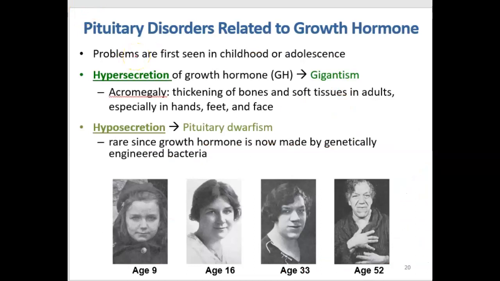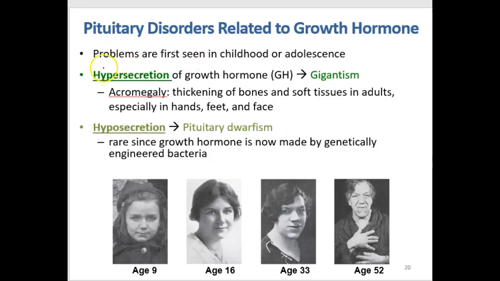So I just chose 2 disorders related to growth hormone to talk about how problems with the pituitary might be seen. So in the case of growth hormone, usually the disorders are seen right away in childhood or puberty, adolescence, when there's a growth spurt.